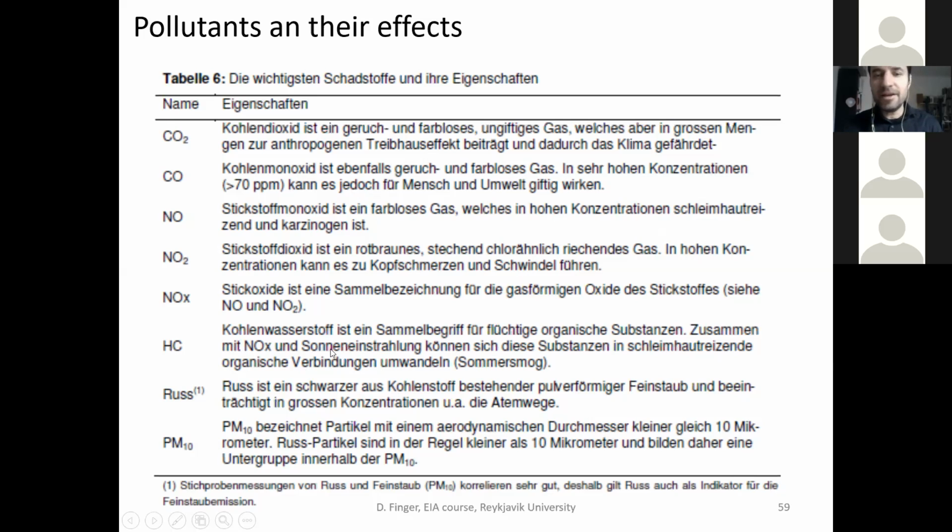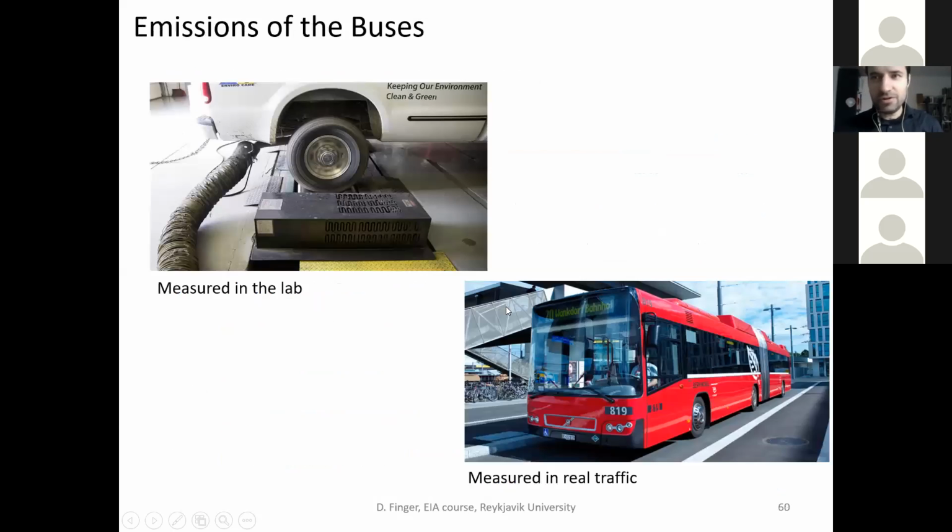We also listed the fine particles, and just gave a short statement, easily understandable for the general public, of what impacts those air pollutants can have on the environment and on the residents of the city. I know this is in German, but in principle it's simply a short table describing the impacts.